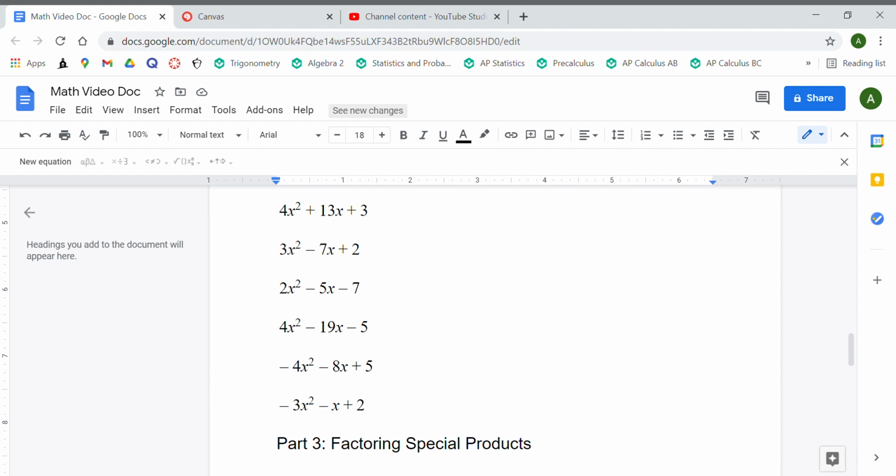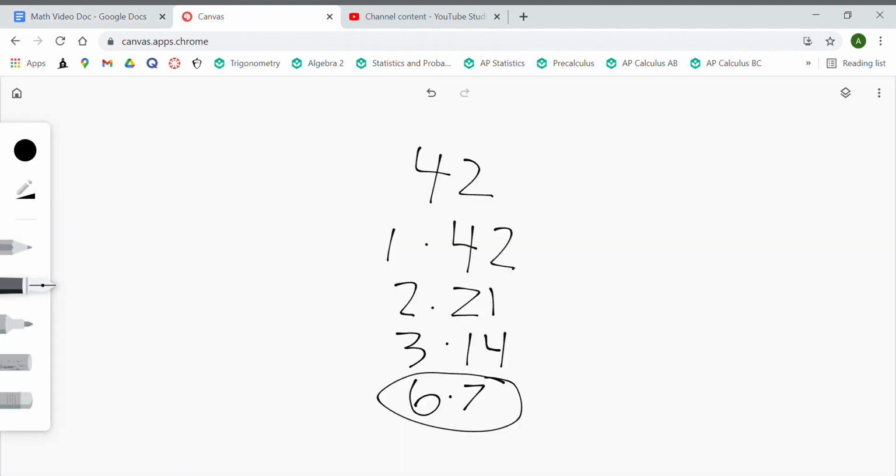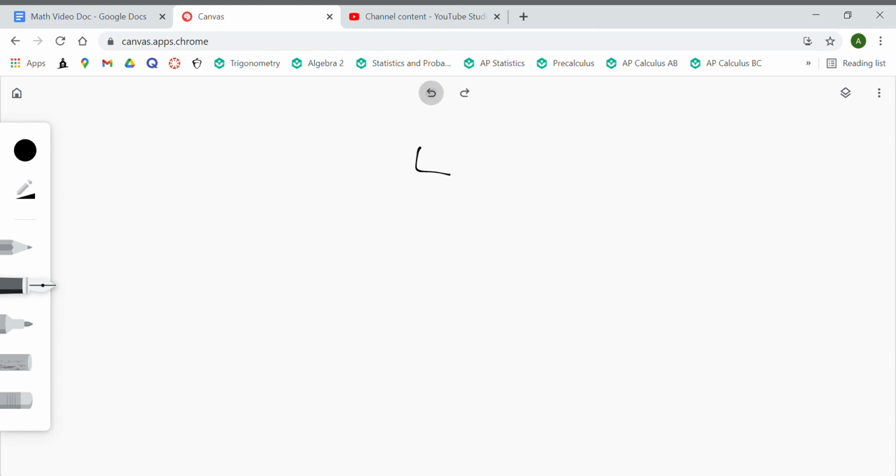All right, so we're looking at the A and C values, doesn't matter their sign. And then we're going to multiply those two together. It's going to be 4 times 3 equals 12. And multiplying A and C together tells us what factors we need to look for.